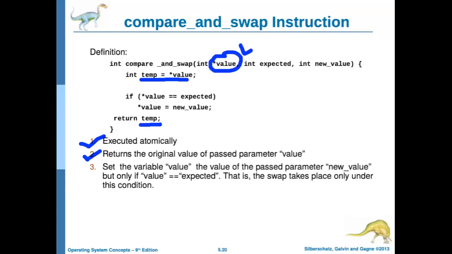So this value is the lock. Set the value of lock to the new value, which we are passing, when the current value of the lock variable is the expected value.